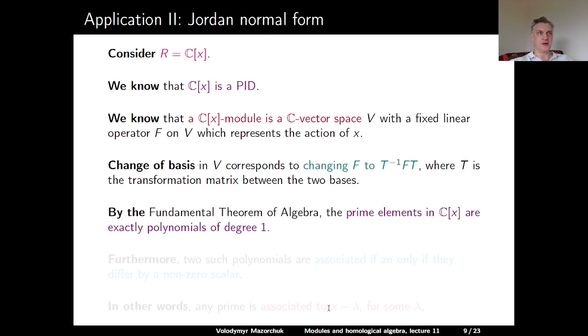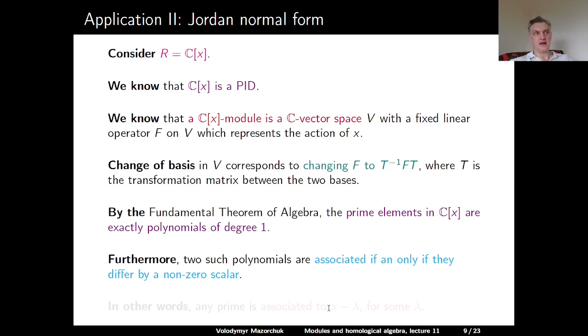So any polynomial which is not constant has a root over complex numbers, and so x minus the root divides the polynomial. This means that the irreducible, and that is prime elements in our ring, are exactly the polynomials of degree 1. Moreover, two such polynomials are associated if and only if they differ by a non-zero scalar.